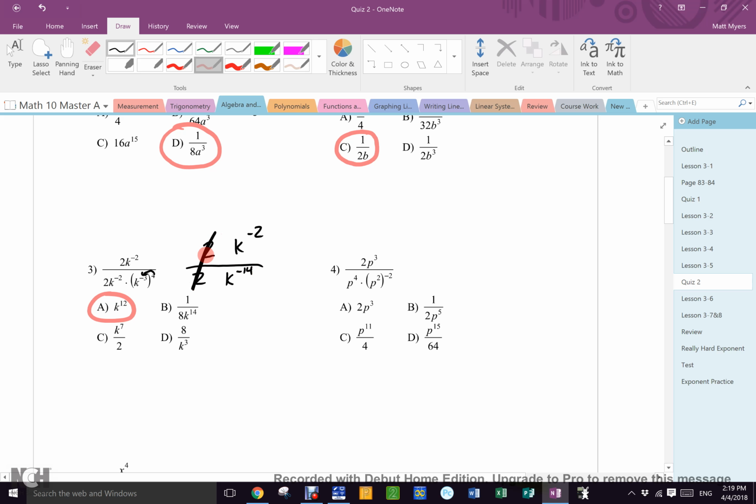The 2's cancel, because you got 2 over 2. And negative 2 minus 14 is the same as negative 2 plus 14, which is k to the positive 12. And since it's positive, it can stay there. Good? All right. Who's given me their answer to 4?